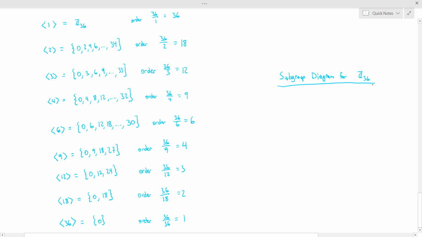All right, so remember, try to order it with the larger subgroups on top and the smaller ones progressively further down. So, of course, Z36 is the largest subgroup of Z36, so we start with that. So the next largest subgroup was this subgroup generated by 2 of order 18.